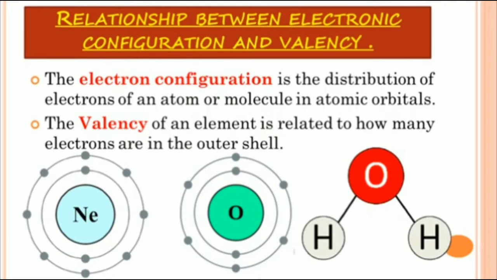On forming chemical bonds equal to its valency, the atom attains the electronic configuration of a complete octet or duplet. You can see one more example, the water molecule, H2O, where oxygen has a bond with two atoms of hydrogen forming a water molecule. So this is how a chemical bond is formed.